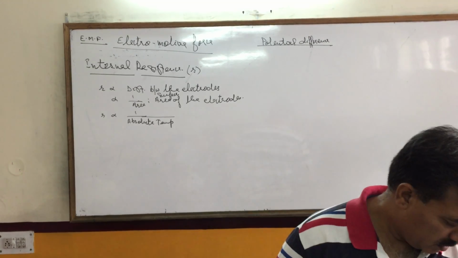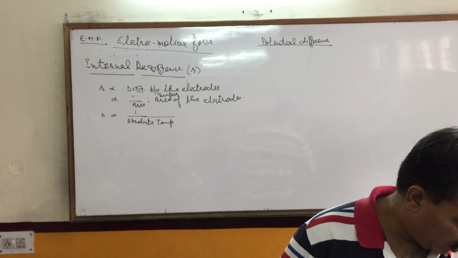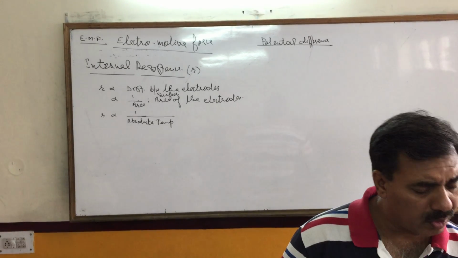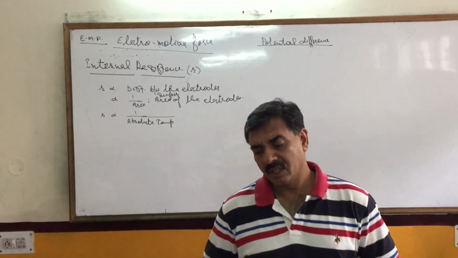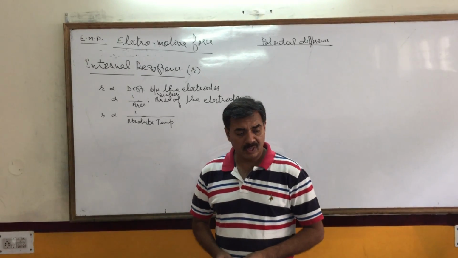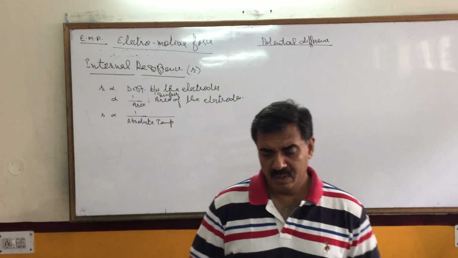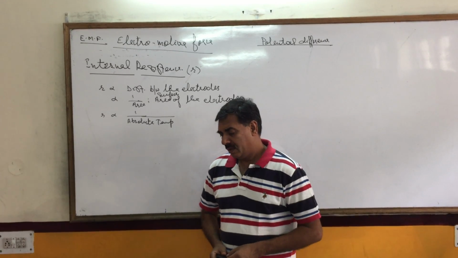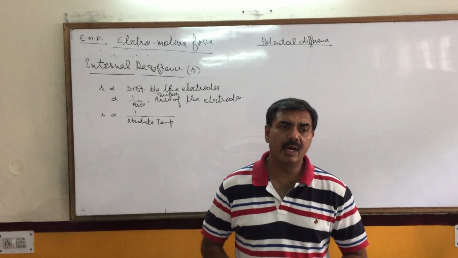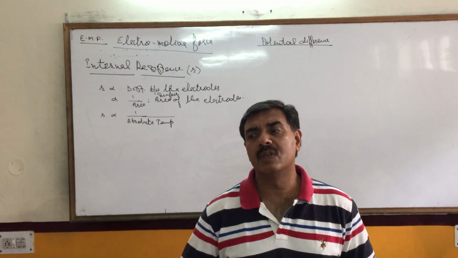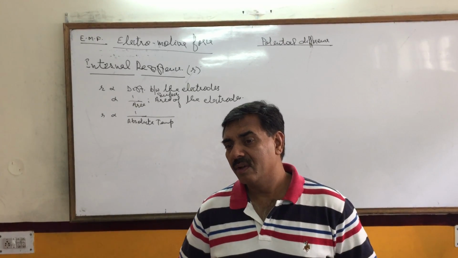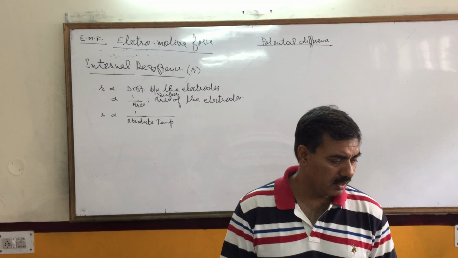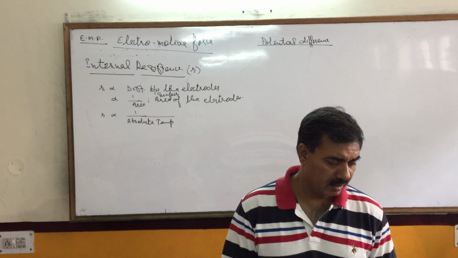What was the language before? For an open circuit, write that first. The difference of potential between the electrodes of a cell for a closed circuit. I'm trying to maintain symmetry. The difference of potential between the electrodes of a cell for a closed circuit, that is, when we are drawing a current from the cell.